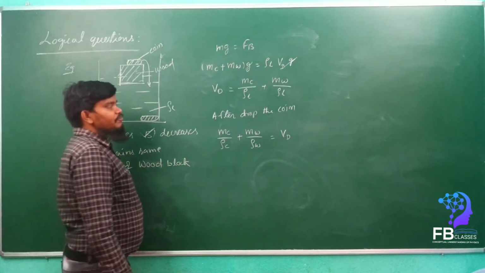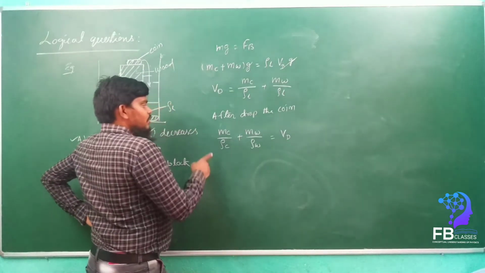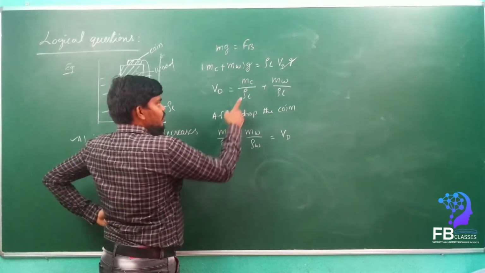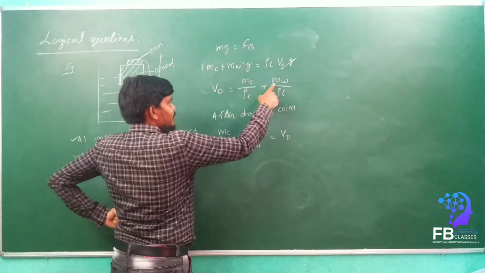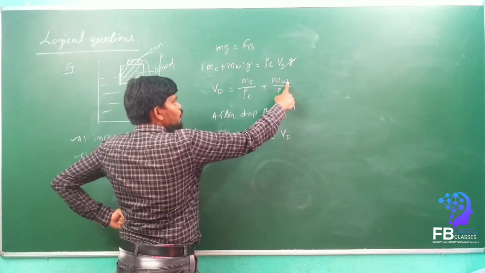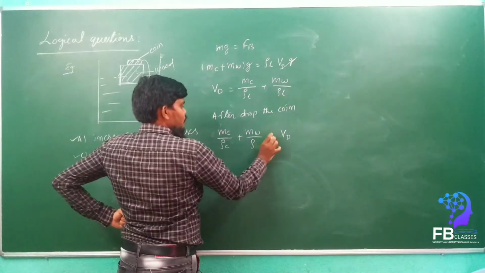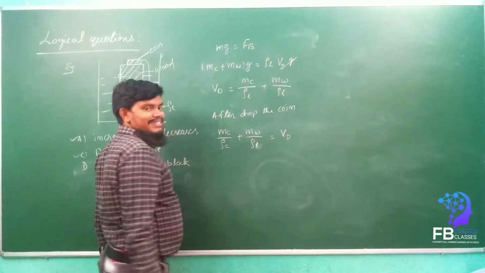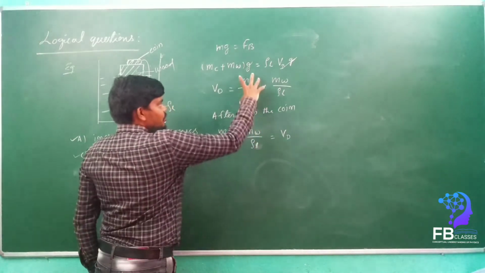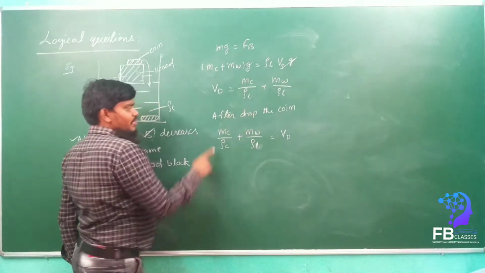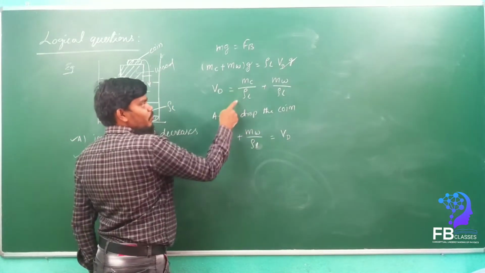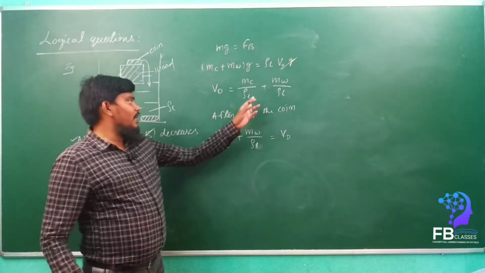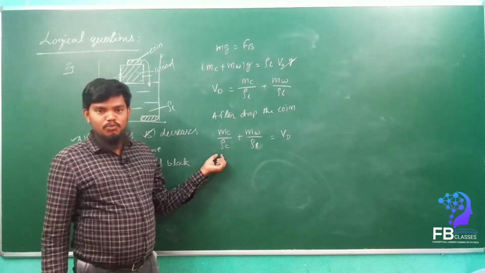Now if you carefully observe here, see mass of the wood by density of the liquid. So this is the density of the liquid, right? So both the terms are the same. Now what is the difference here? Can you compare these two terms, Mc by rho C and Mc by rho L? Compared to rho L, the density of the coin rho C is more. Yes or no?